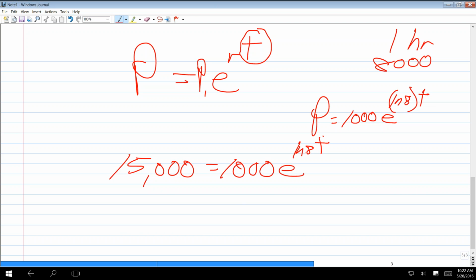Right off the get-go, the only variable in this problem is in the exponent, so you know that you've got to use logs to solve it. Always look for that. But not right off the get-go. You can use algebra until we get this isolated. So divide by 1,000. Okay, so that leaves us with 15 equals e to the ln of 8 times t.